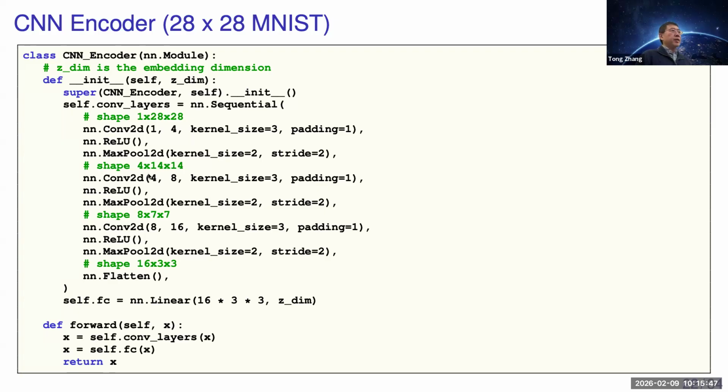Then you get another convolution, increasing from 4 to 8 channels. By the way, this network is just arbitrary, so it doesn't really mean this is a great design. It's just for illustration.